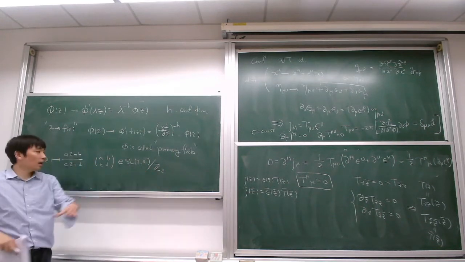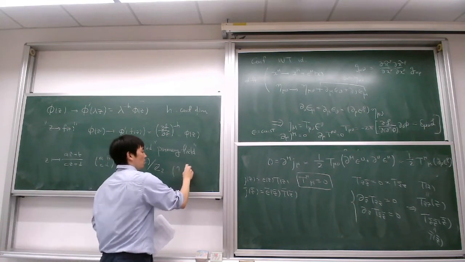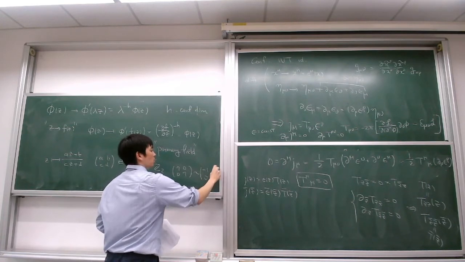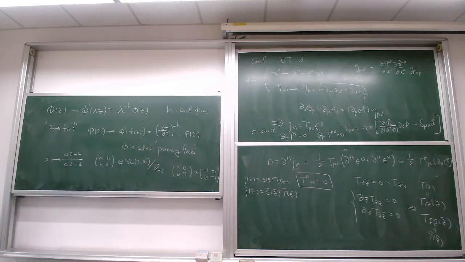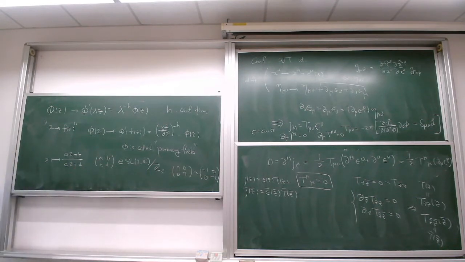Z2 means you just identify the matrix with minus the matrix. So when a, b, c, d satisfy this, the matrix is an element of projective SL(2,C).